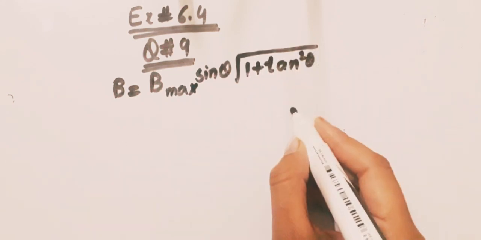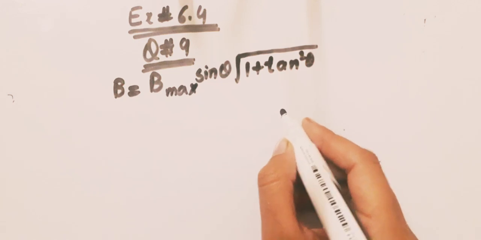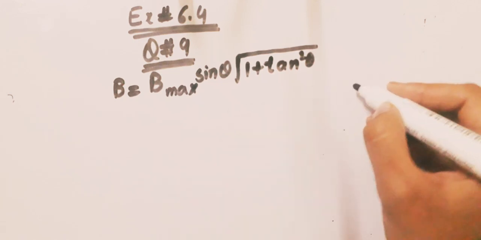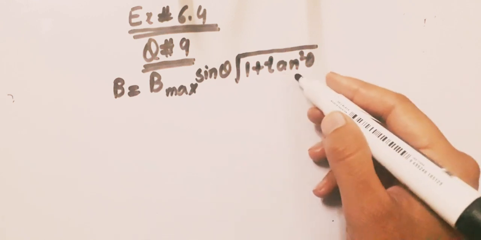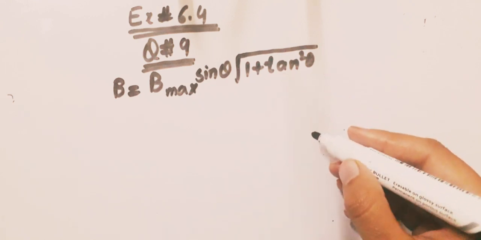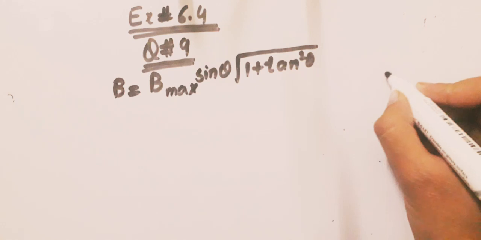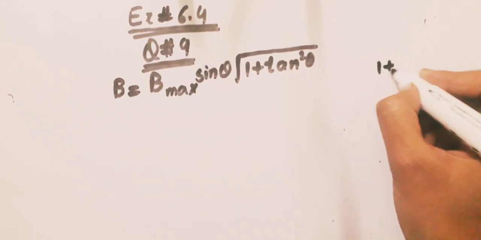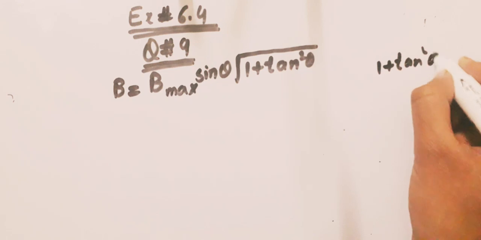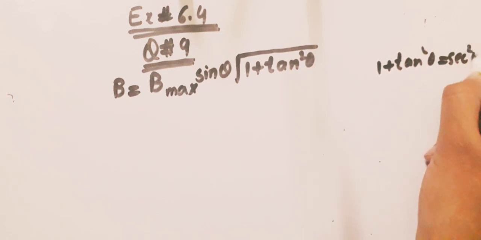You have to convert this in tan theta. So you know that 1 plus tan square theta is equal to secant square theta.